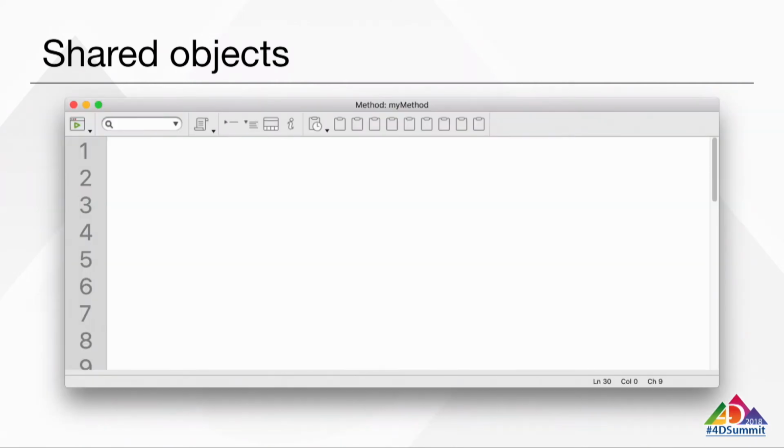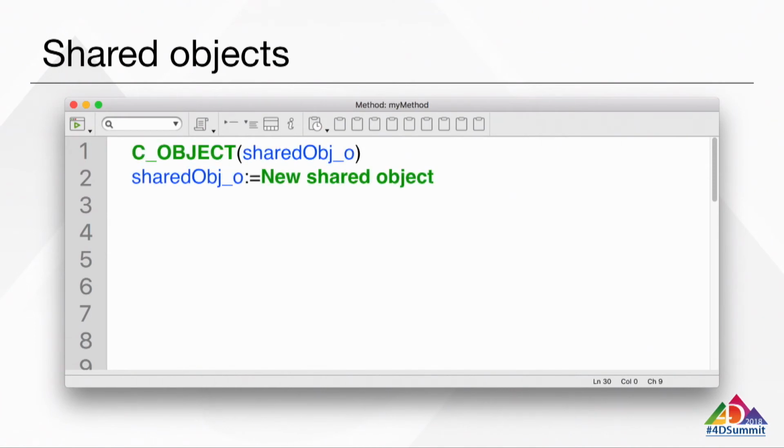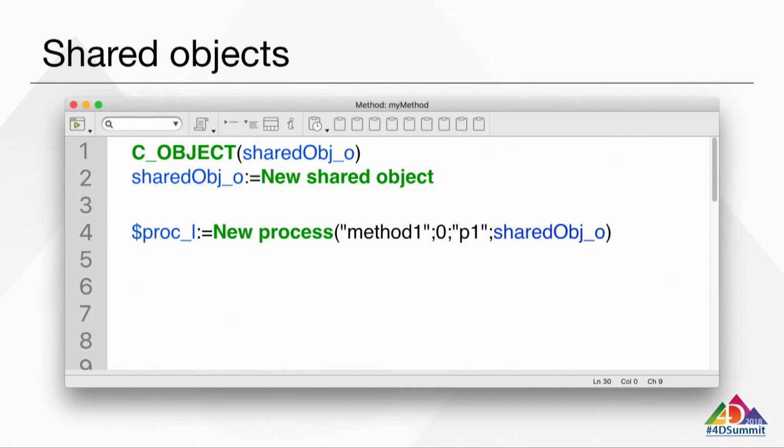So I'm going to give you just a simple example. Here's a method. I want to run this method and create an object that I can share with other processes. So let's say I'm passing my object to another method like that, and I'm calling the New process command to spawn a new process, passing in the object variable.